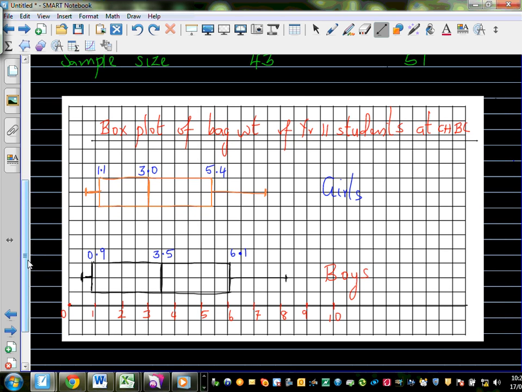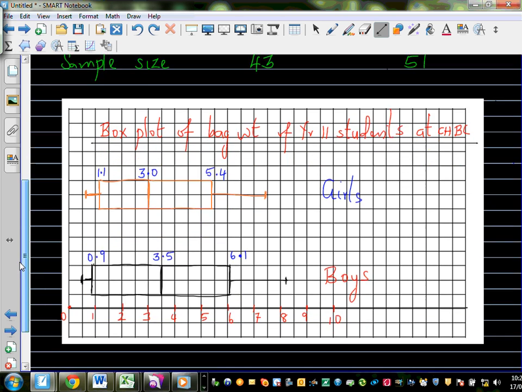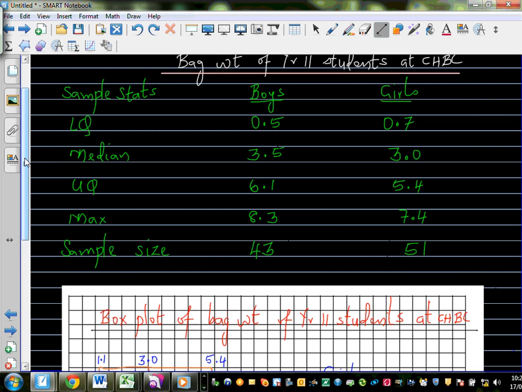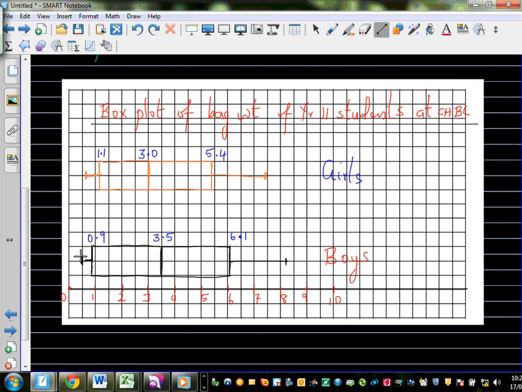So for boys, this is the minimum weight, this is the maximum. That's not important when you're comparing two data. The most important thing is your box. So that's why I didn't write the minimum and maximum here. I'm only looking at the boxes.